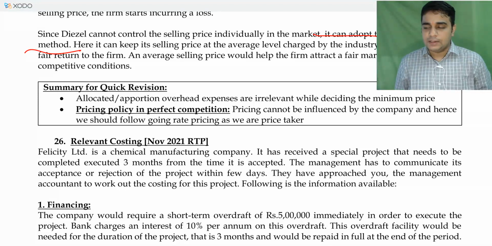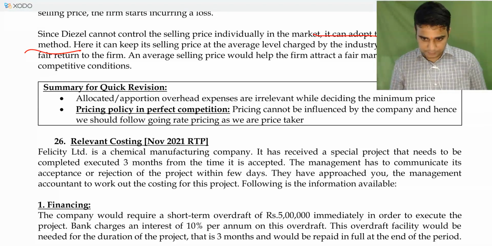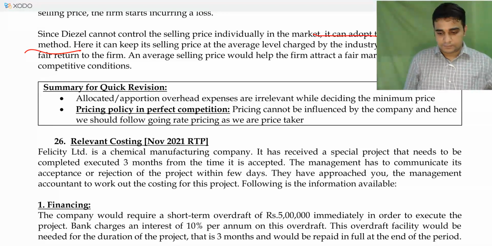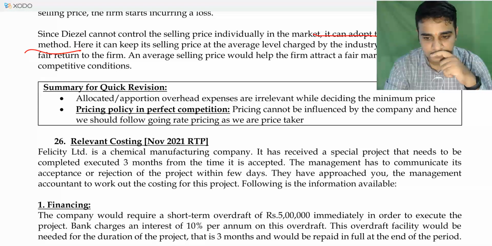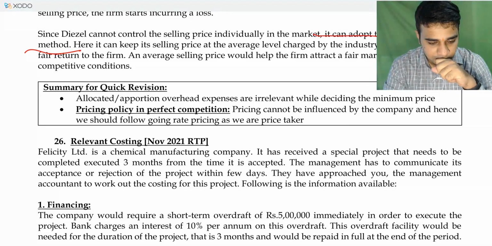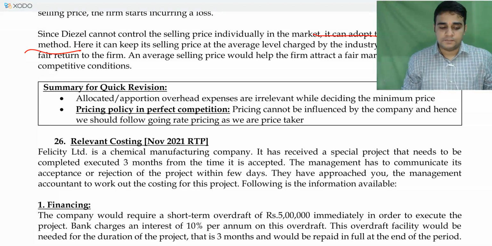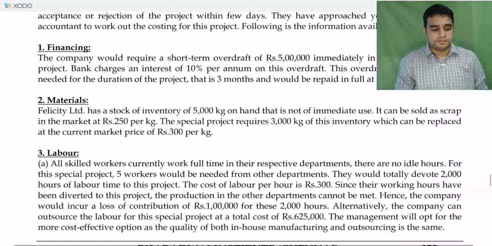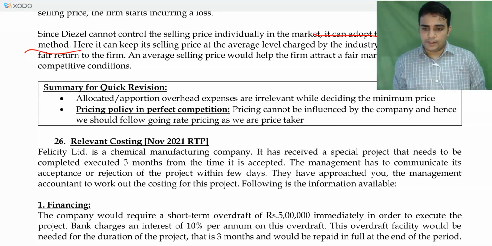I could have left it as homework as well. Start doing it, go through the question and start attempting it.